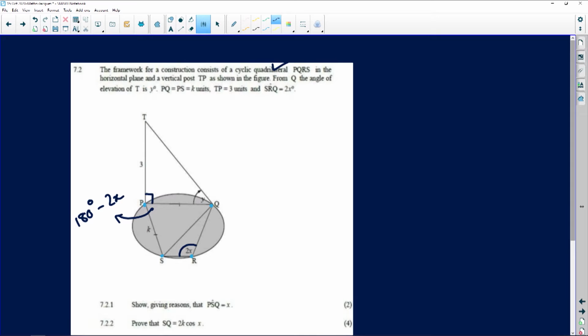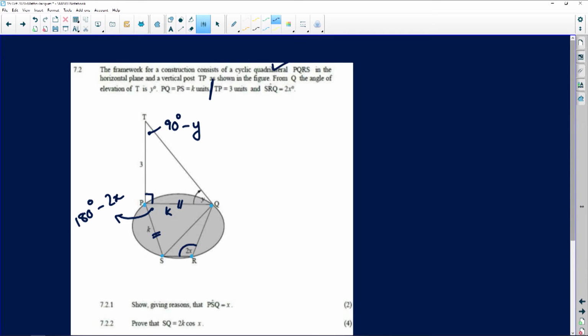From Q, here's Q, the angle of elevation of this tower to T is Y. So if that is Y, then this will be 90 degrees minus Y. Those two angles are complementary because they add to 90. Then they tell us PQ, which lies over here, is indeed equal to PS, and they are both equal to K. Okay, so we stop reading over there.